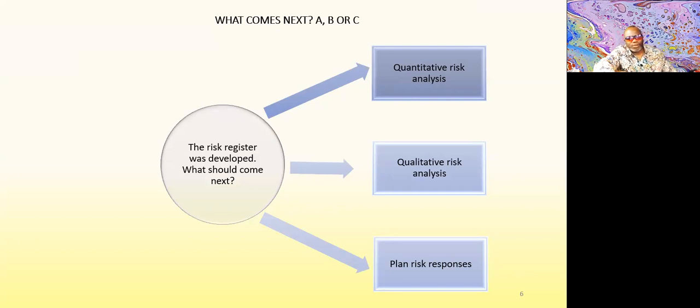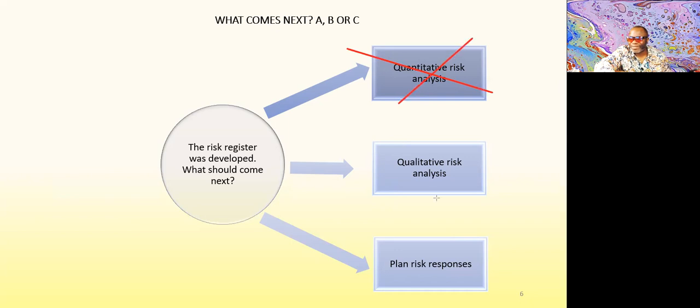So think about it. What do you do in risk? We talked about this yesterday. You plan how to manage the risk. That's not part of it, but we have identify risks, which gives you the risk register. What do you do after identifying the risk? You analyze them. You don't analyze them quantitatively first; you do qualitative before. Quantitative is after.